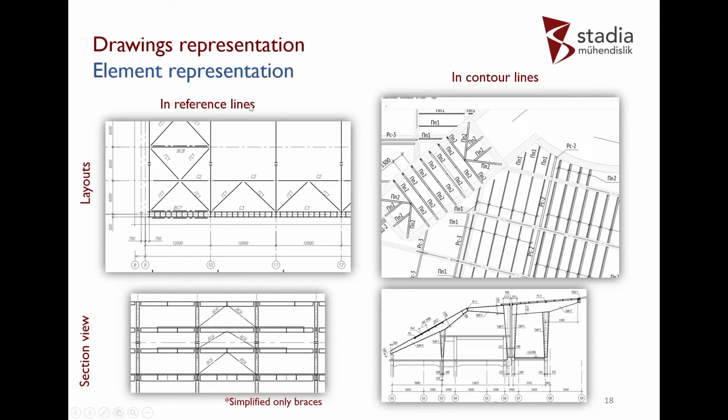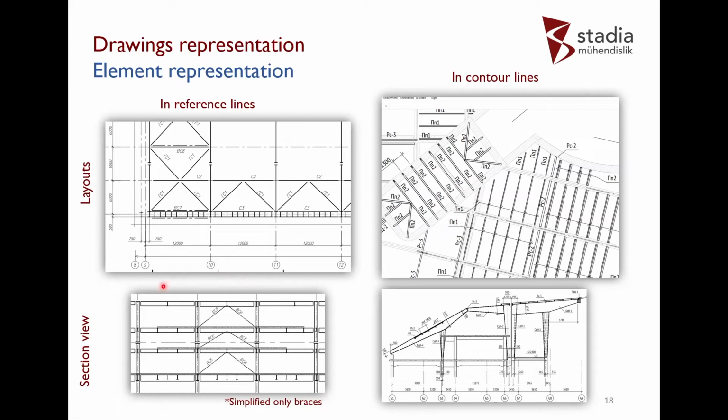In Russia, we have two types of drawing representation. One of them is represented in simple lines. In Tekla, it's called reference lines, like center lines. This comes from, I think, the Soviet Union, when people didn't want to draw squares, and they replaced them with simple lines.